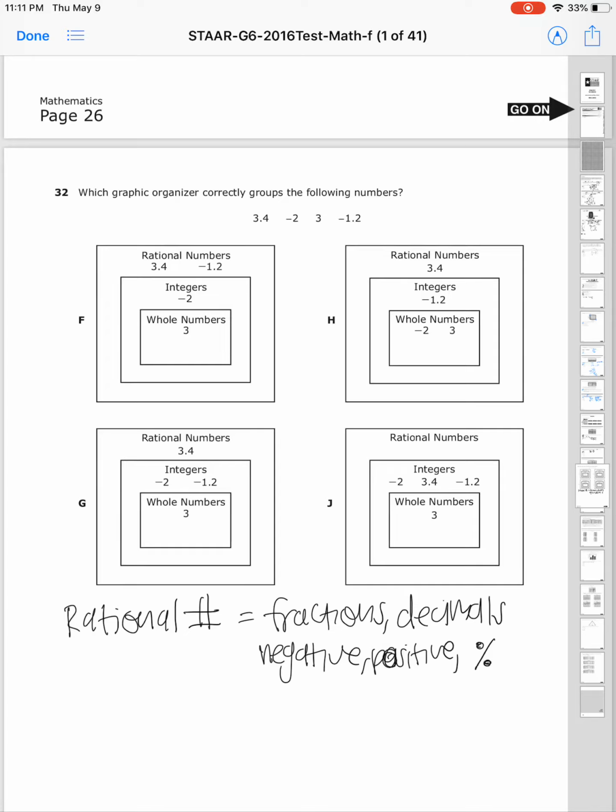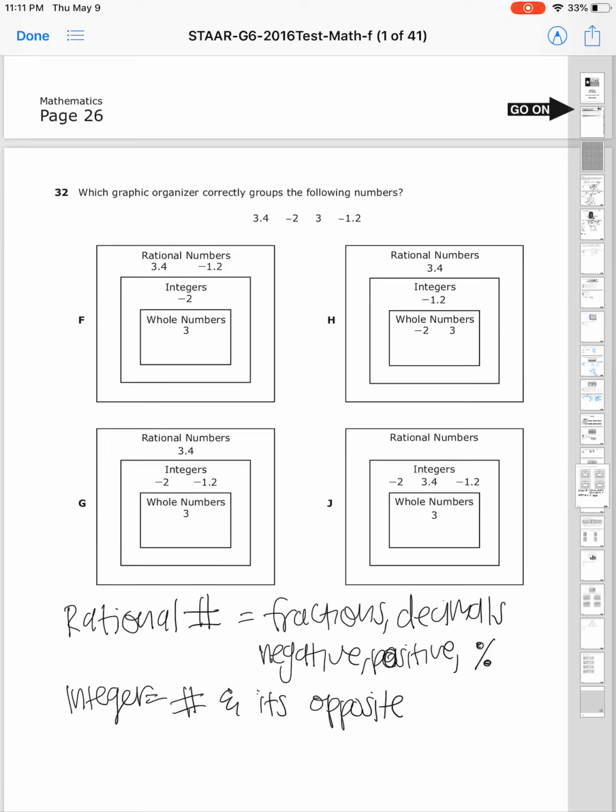So what I notice here is that I have two decimals, right? And so these two numbers are rational numbers. An integer, if you remember what that is, an integer is a number and its opposite, which means that -2 and 3 are both integers.